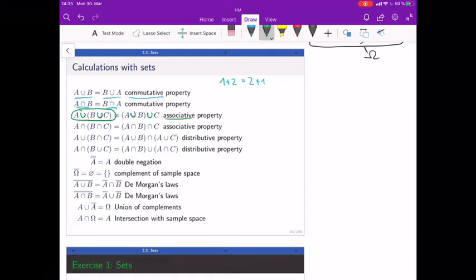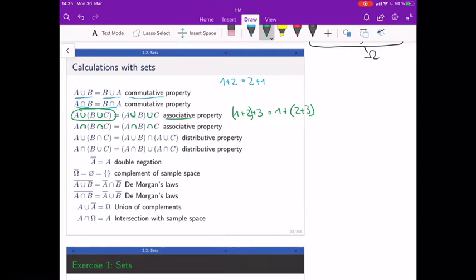You know that from numbers, so 1 plus 2 plus 3 is the same if I calculate 1 plus 2 first as this one. And it also holds for all intersections. So those are really the obvious ones, but we have to state them because there's always a point where we ask ourselves, are we allowed to do this? So here are the rules.